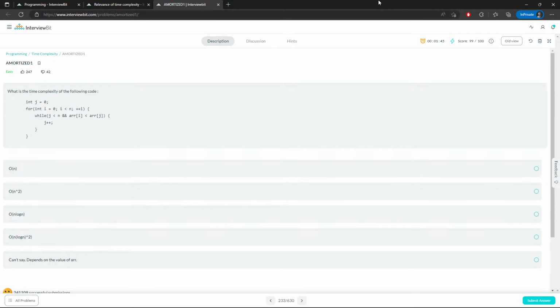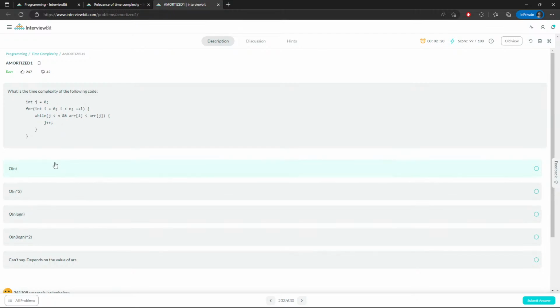No, I don't think it matters actually. If the j equal to 0 were inside the for loop instead of outside, then it depends upon the array. Since it's outside, j is going to keep incrementing, and you're going to break this condition at some point for sure. Yeah, I don't think it depends on the array.